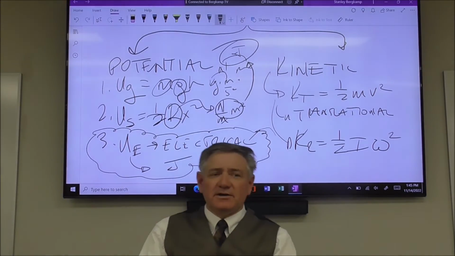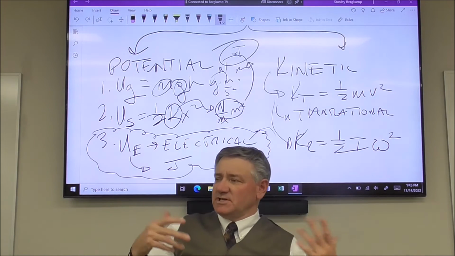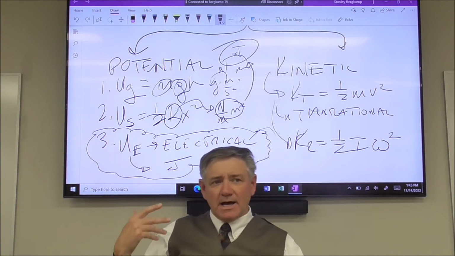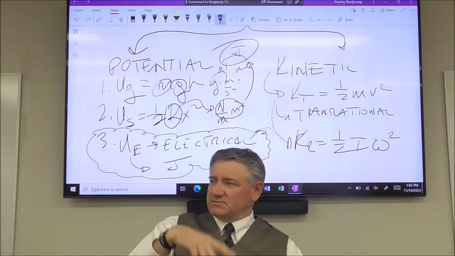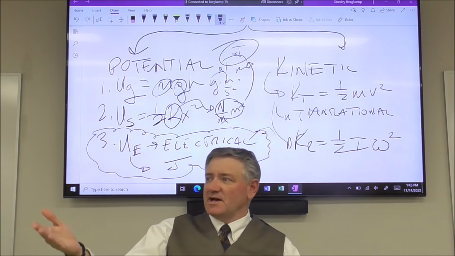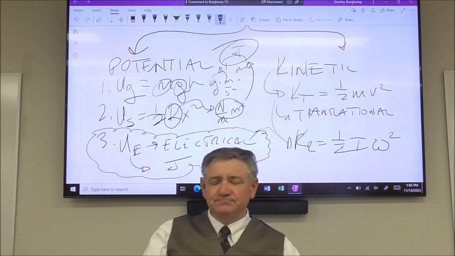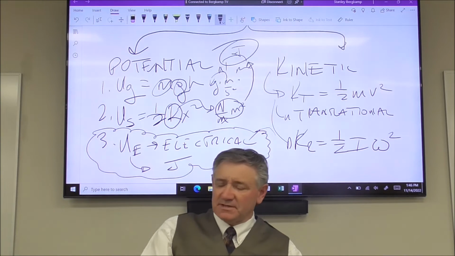If you think about it, you're multiplying together the same thing. Mass is resistance to a change in linear velocity. I is resistance to a change in rotational motion. V is how fast you're moving. Omega is how fast you're spinning. So you're multiplying together the same thing.